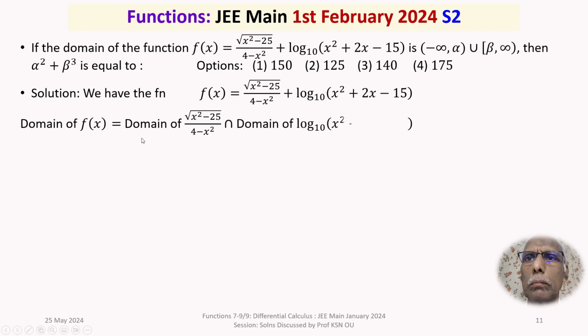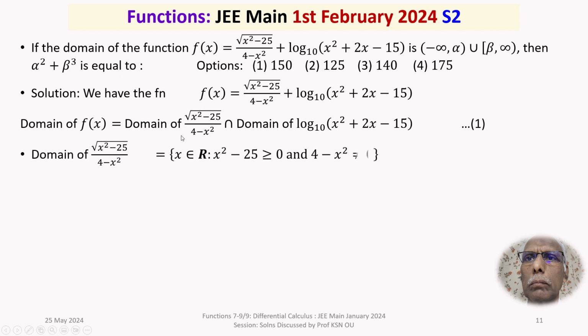So first of all, we attack the first one, the domain of the first function, that is the square root of (x square minus 25) by (4 minus x square). It is the set of all those real numbers x such that x square minus 25 is greater than or equal to 0. Why? Because if x square minus 25 is less than 0, it is negative, and the square root of a negative is imaginary, which is not there in real numbers, and we are considering functions on the set of real numbers.